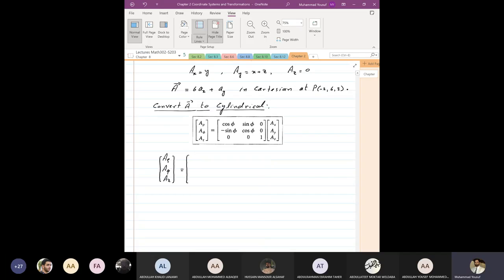Cosine of phi. Maybe we use a number here, but it is easy to use sine, cosine, phi. We know phi. Sine of phi and 0, minus sine phi, cosine phi, 0, 0, 0, 1.